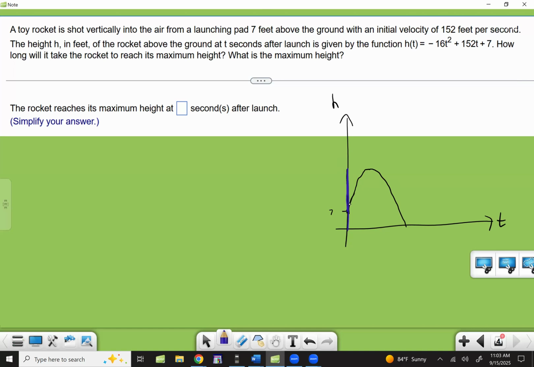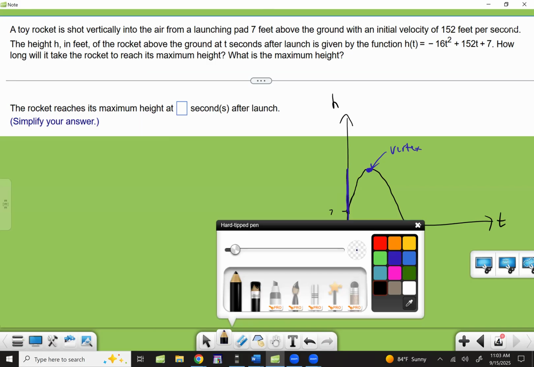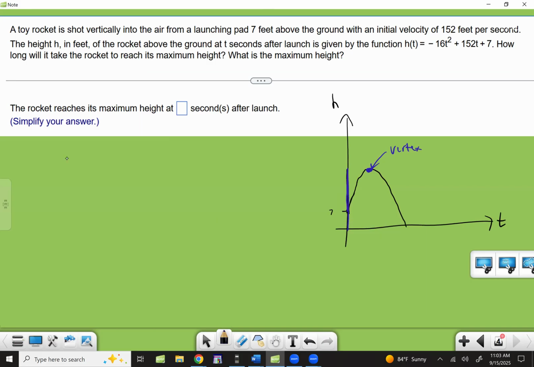Okay, so if we want to find out how long it will take the rocket to reach its maximum height, well, it reached its maximum height here at the vertex. So basically, this is just asking us to find the vertex. A complex problem, but hey, we found the vertex on the last two questions. I think we're pretty good here.